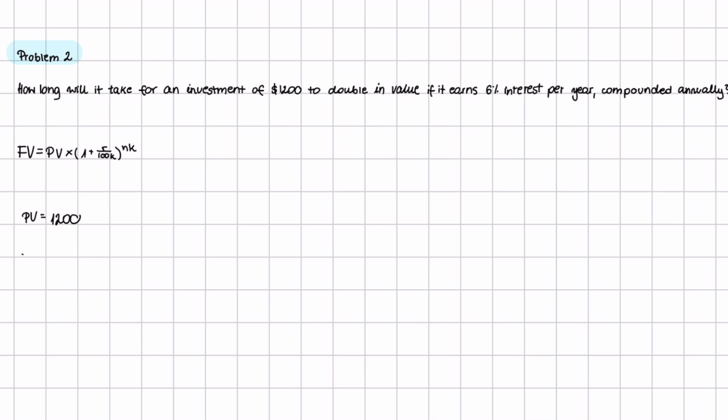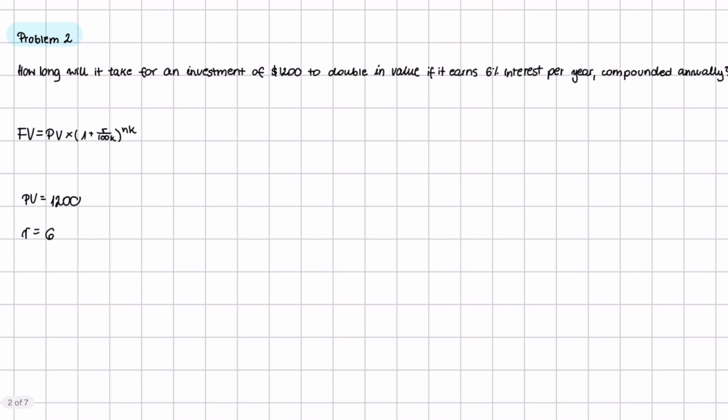We have interest rate 6%. We have compounding periods 1, and we want to have our interest to be doubled. So our future value has to be 1,200 times 2, because we would like our present value to double.